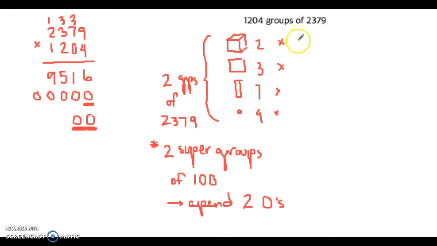So we're going to go through and multiply all our values by 2, which is really 200. And we multiply our singles by 2, we get 1 flat and 8 singles.